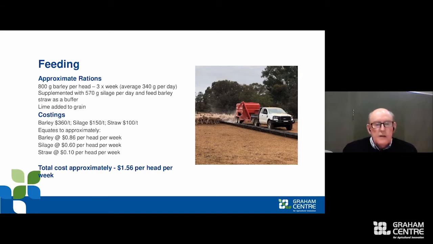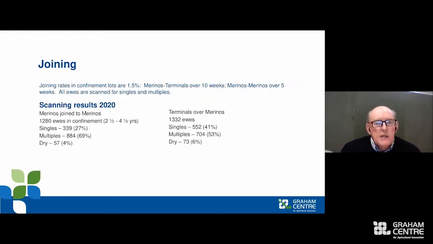Joining in feedlots, no hesitations in joining in feedlots. We join at 1.5% with very good results, with a 5-week maximum joining period for merinos over merinos, and as I said before, terminals are joined for 10.